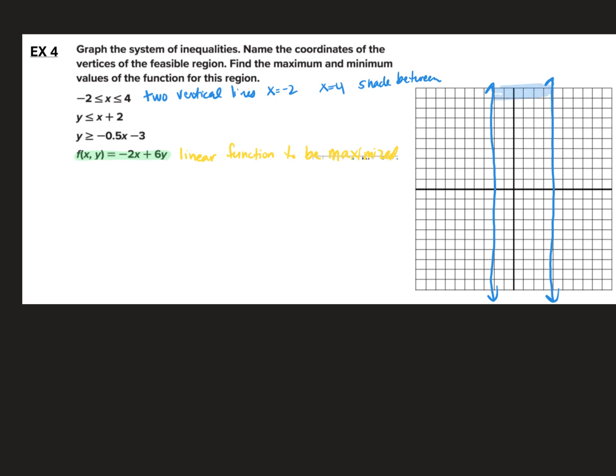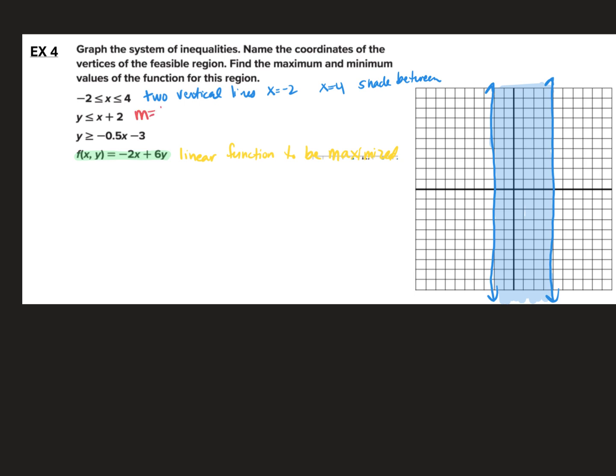So only solutions that are between these two vertical lines can be considered. Once we've graphed the other two, we may be able to eliminate more solutions and narrow it down. Of course, on the SAT, you could use Desmos and type this in, but we're not going to use Desmos here. You're welcome to use Desmos to check.